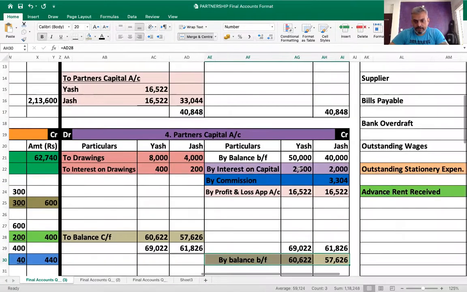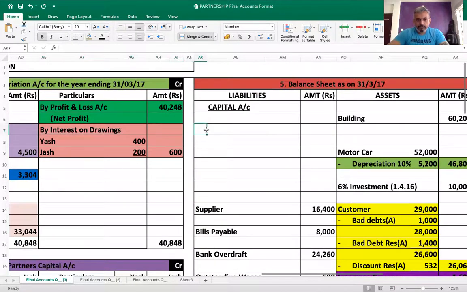Let's transfer it. Capital account, Yash and Josh.